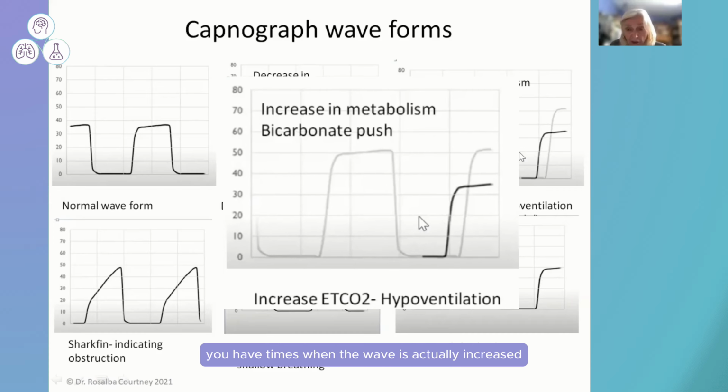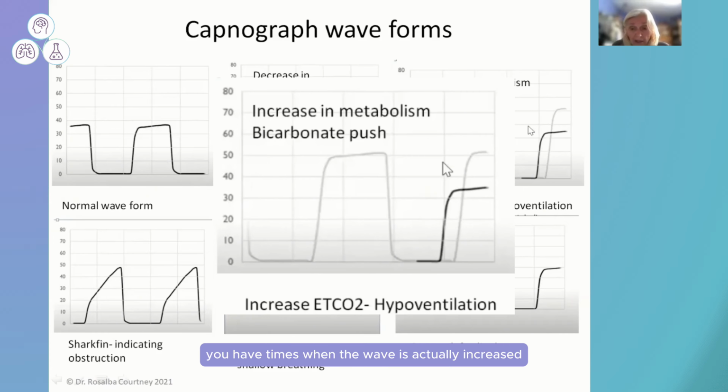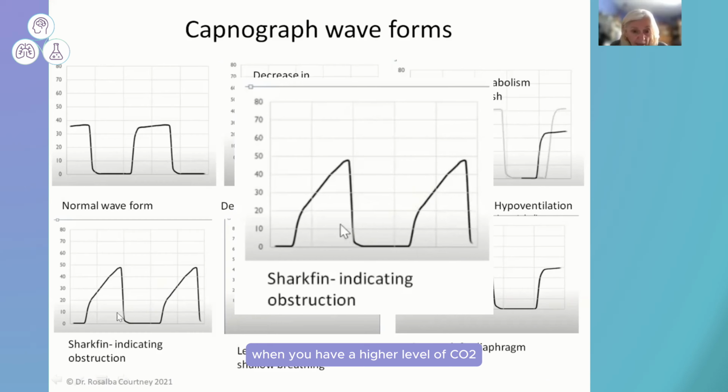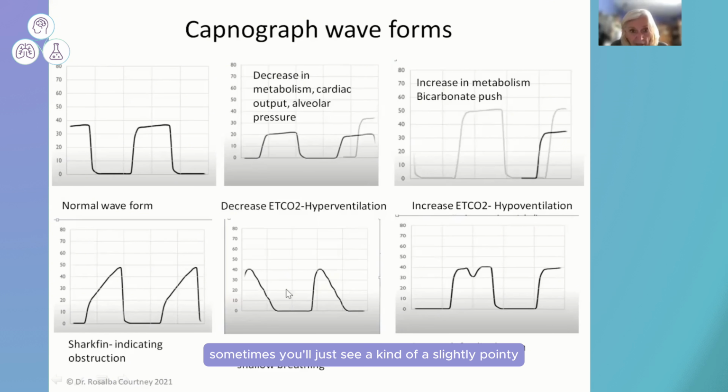And then you have times when the wave is actually increased, when you have a higher level of CO2. And you'll get these different shapes, the shark fin shape indicating obstruction. Sometimes you'll just see a kind of a slightly pointy, you won't see this flat top. That's quite common when someone's breathing a bit more quickly.